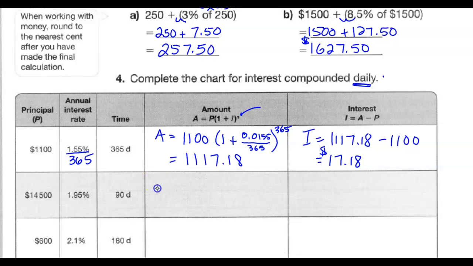Okay, so the next one, we are investing $14,500. That's our principal. 1 plus, again, this has to be divided by 365. This is the annual interest rate, and there's 365 days in the year. So the decimal form is 0.0195 over 365 to the exponent 90.